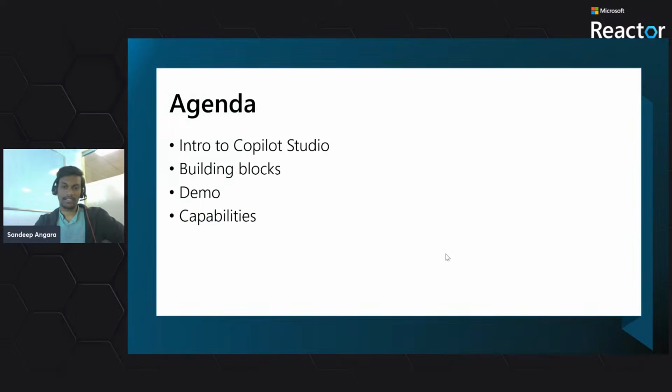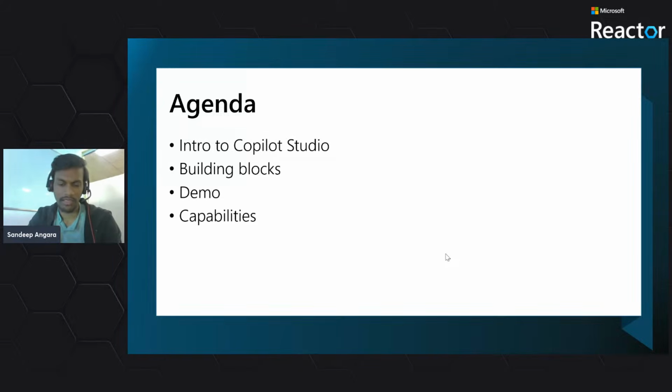With all that introduction about me done, let's jump into the agenda today. It's very simple. We'll first start with the introduction to Copilot Studio, and then explore the building blocks that we need to know about Copilot Studio, so that we can go directly into Copilot Studio and start building our custom agents. We'll also have a demonstration.